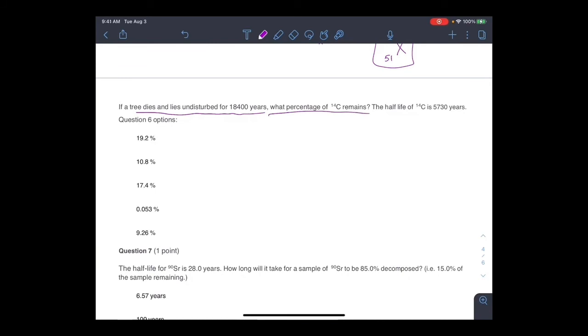Carbon-14 is an isotope of carbon that is radioactive. And as you probably know, all living things have a fairly large percentage of carbon in their bodies. I do, you do, plants do, animals do. Anything that's living has its basis in carbon. And a small percentage of the carbon is carbon-14.